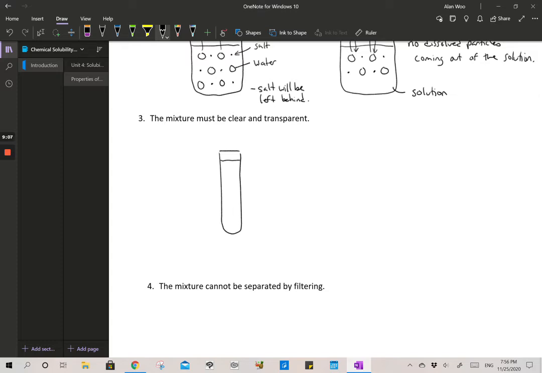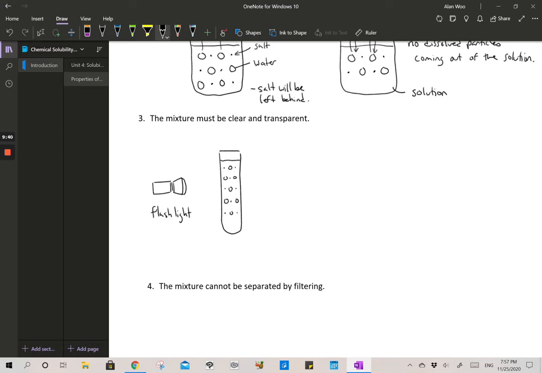Okay, so I'll draw a little flashlight here. It doesn't have to be a flashlight, it could be any kind of light source. And again, if we put our solvent and solutes, because they're tiny, we normally don't see them.